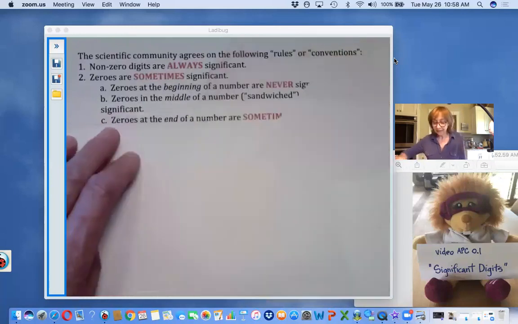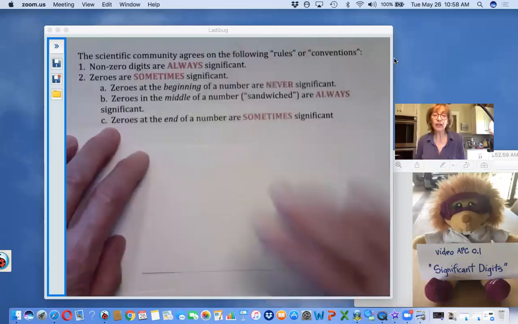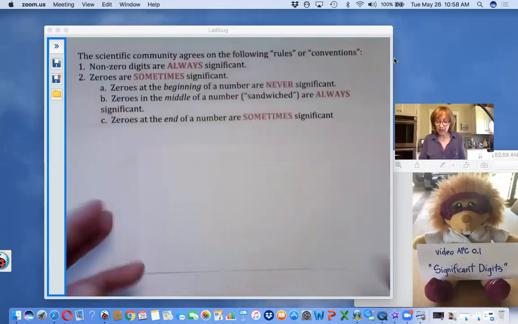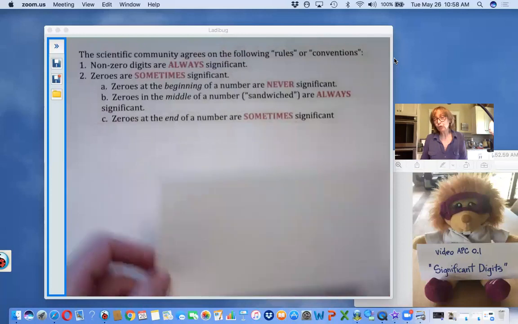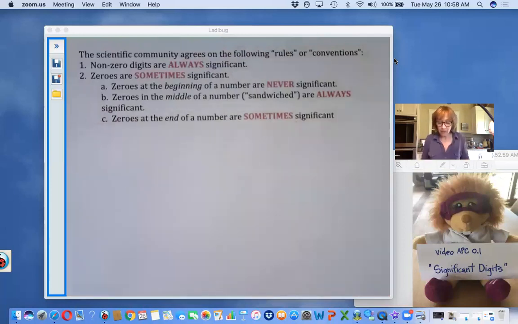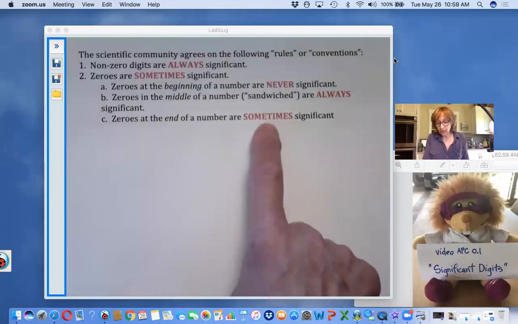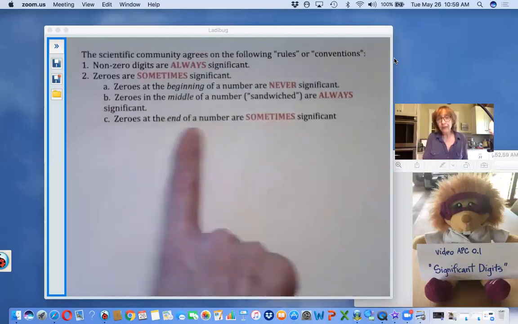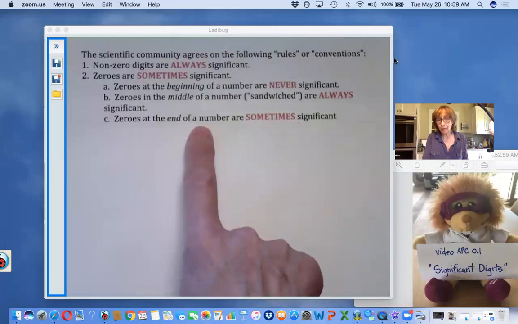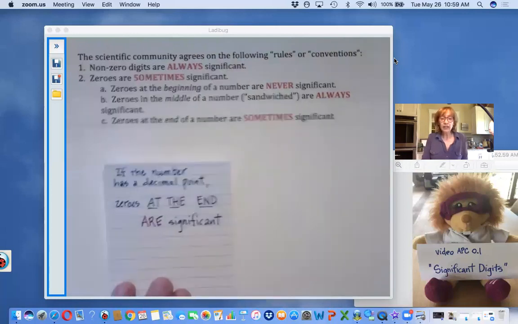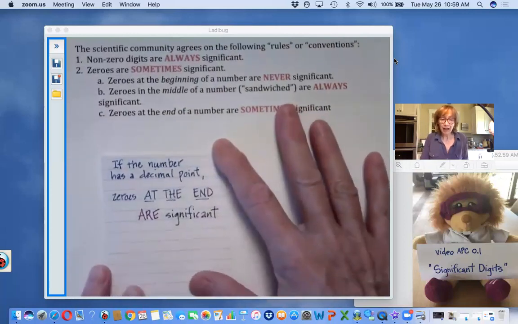All right, lastly, we have zeros that come at the end of a number. We sometimes refer to these as trailing zeros. So the sometimes means sometimes they will count as SIGDIGs, sometimes they will not. Here is how we decide.